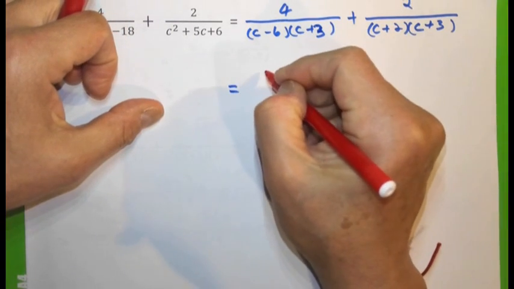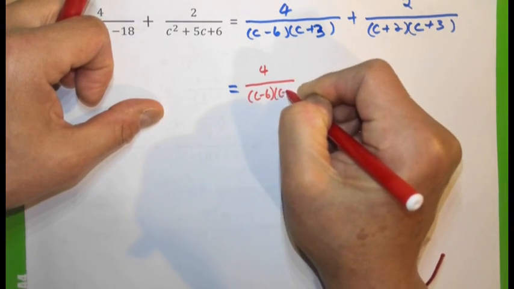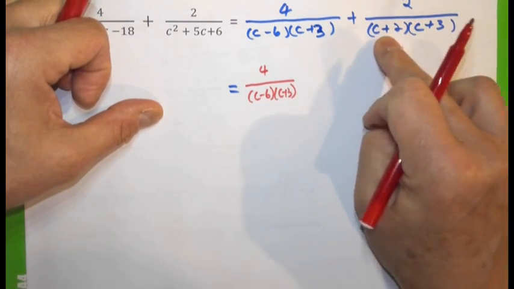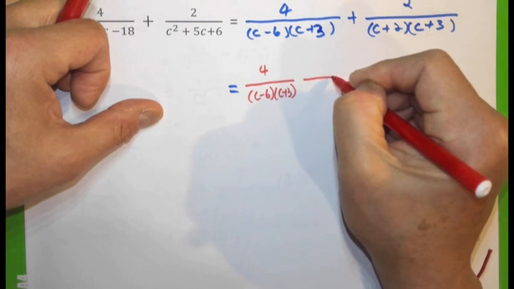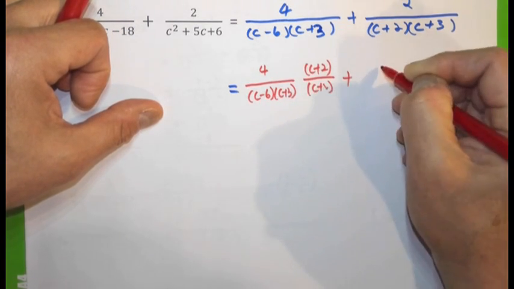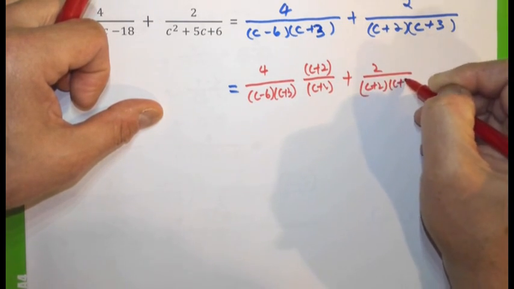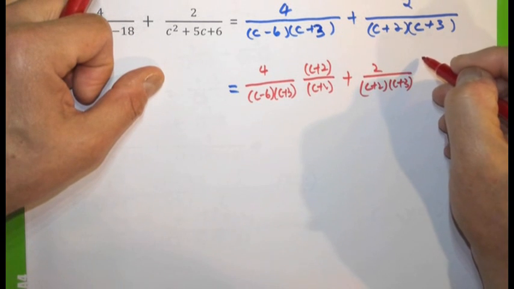So we have 4 over c minus 6, c plus 3. What is missing? c plus 2. c plus 2 on top and bottom. Plus 2 over c plus 2, c plus 3. What is missing is c minus 6.